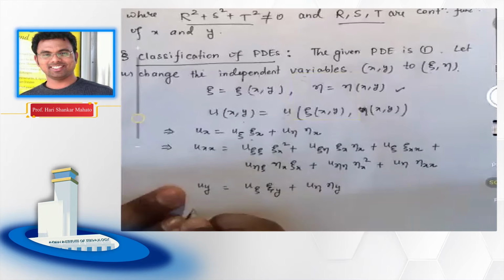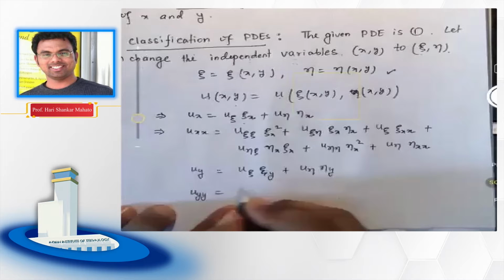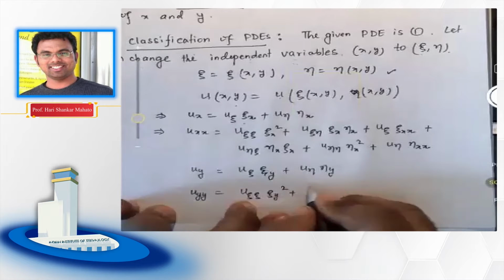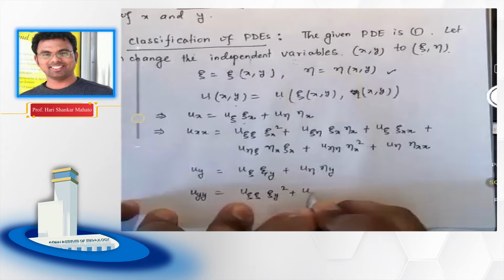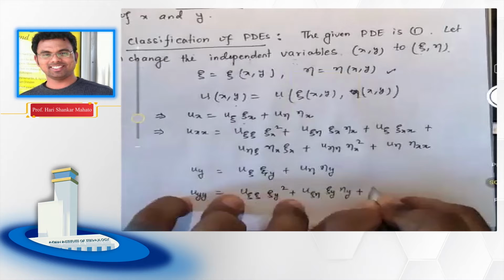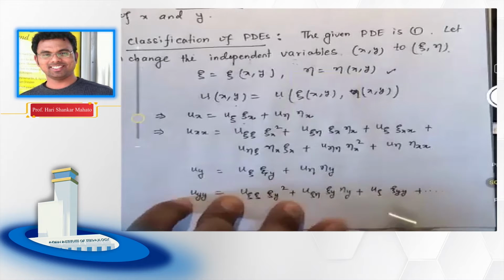Then I can calculate uyy, and uyy will become u xi xi, xi y whole square plus u xi eta, xi y, eta y plus u xi, xi yy plus, I expect you to write the rest of these terms.